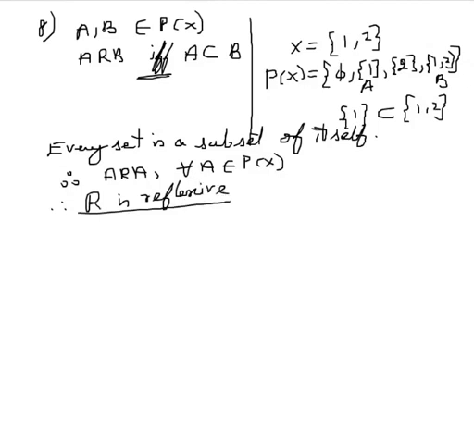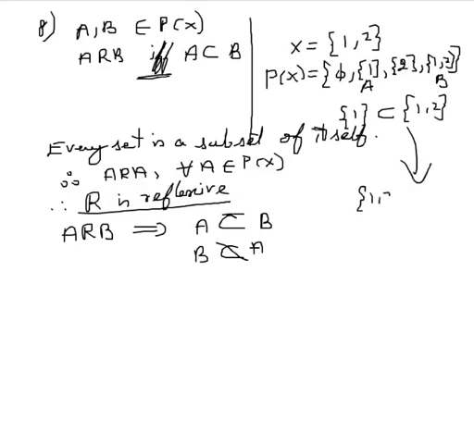Now let us check whether it is symmetric or not. Let A be related to B. That means A should be a subset of B. If A is a subset of B, B need not be a subset of A. Unless they are equal, B won't be a subset of A. See, for example, 1 is a subset of 1, 2, but 1, 2 is not a subset of 1.